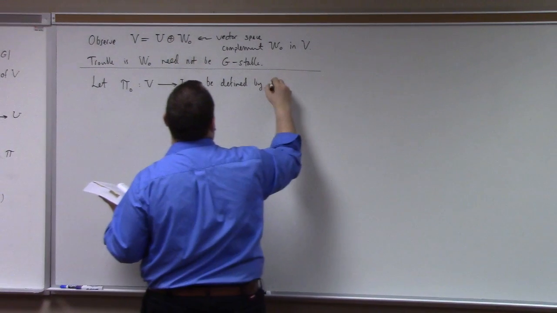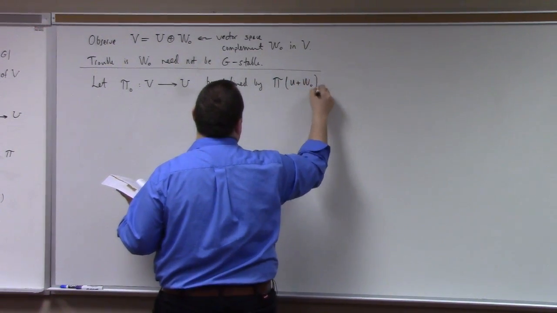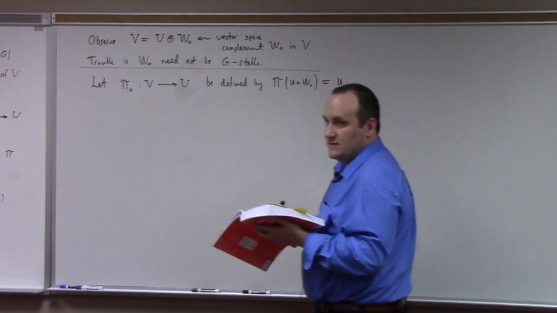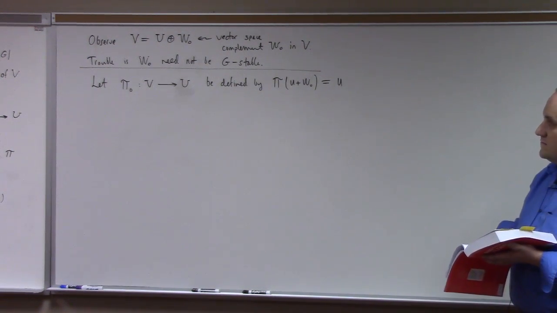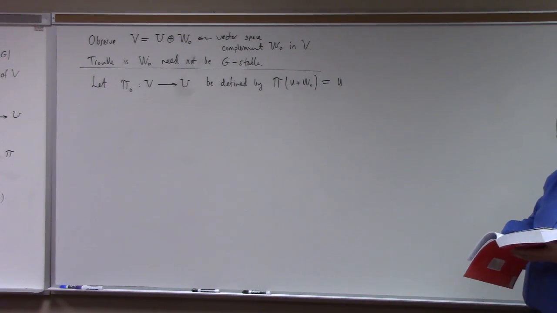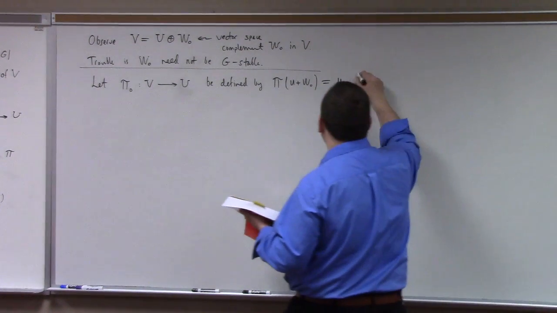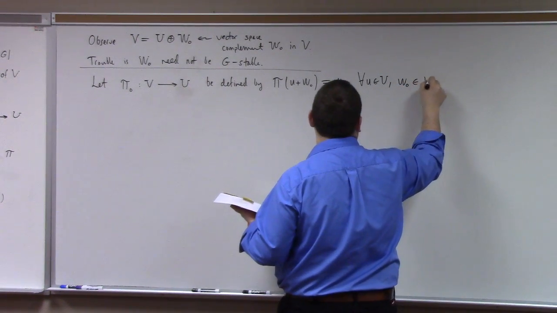Remember that means we can write pi naught of U plus W naught, and this would just be defined to be U. That's a well-defined function because the representation is unique for that direct sum decomposition. This is for all U in U and W naught in W naught.